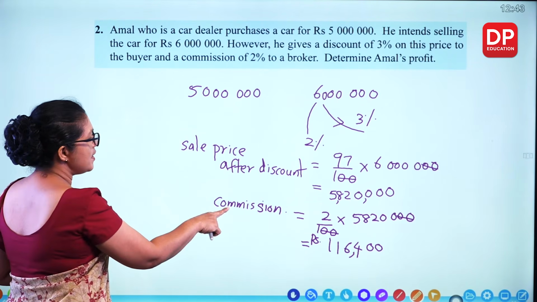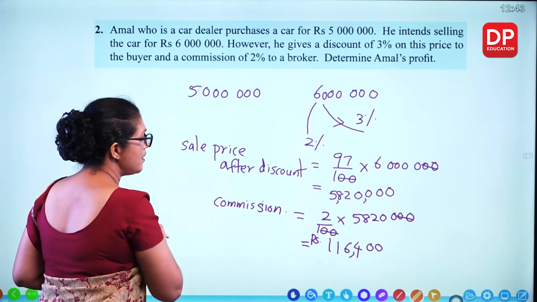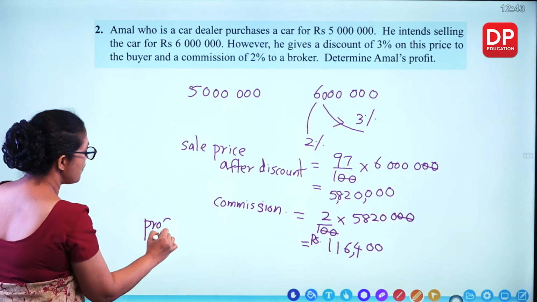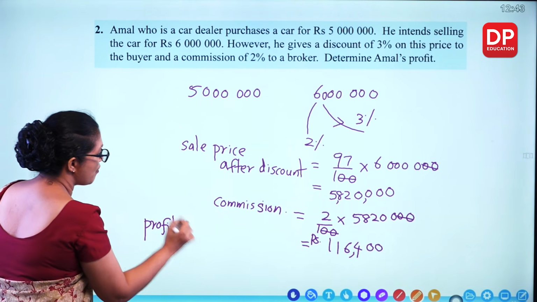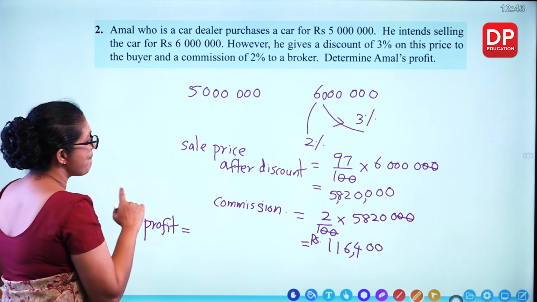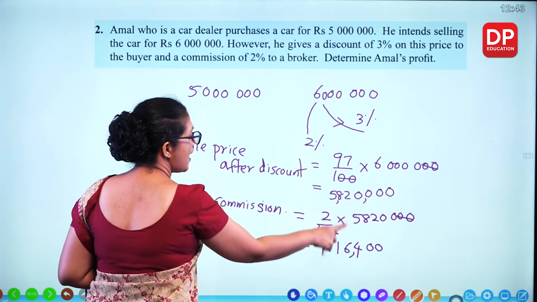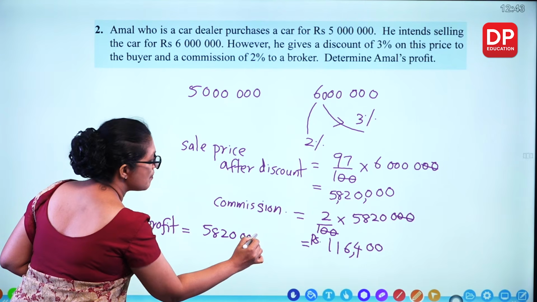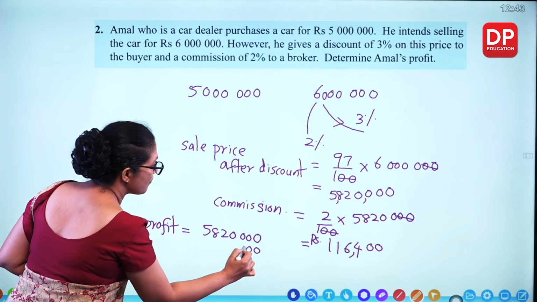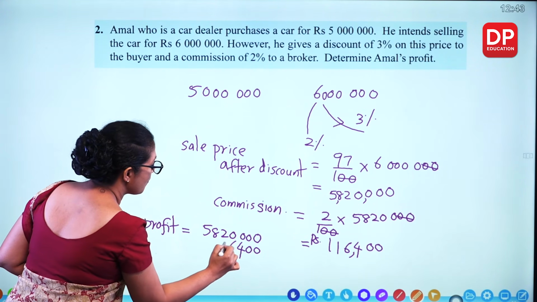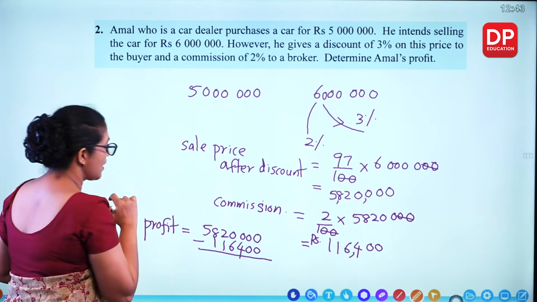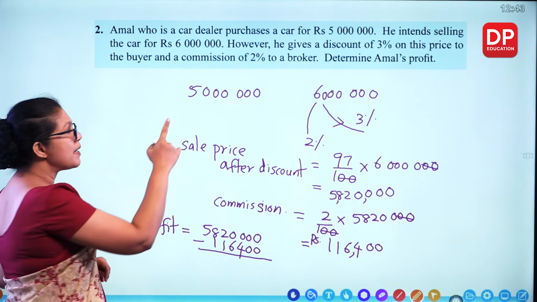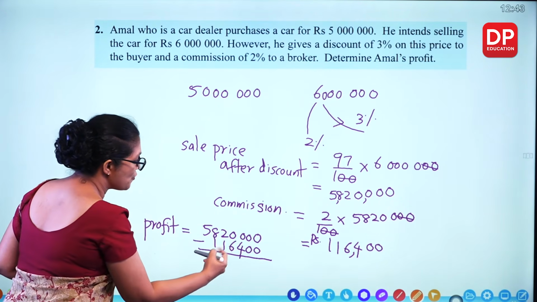So when he subtracts this one, what is the profit? Profit value he gains. Profit is this, the selling price. You have to subtract the commission value and then subtract the buying price as well. So we'll first subtract this commission.